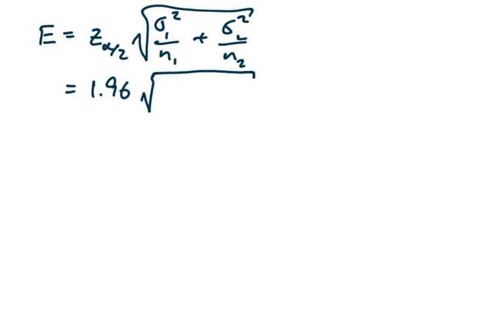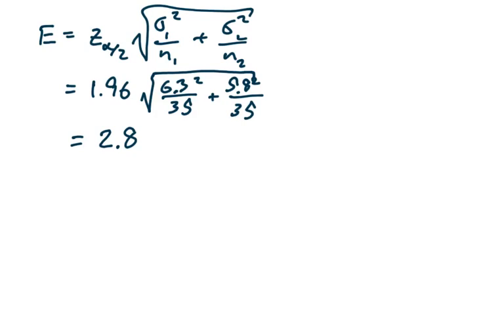We were finding the 95% confidence interval, so we're finding that 1.96 corresponding to the 95% confidence interval. And we're plugging in 6.3 squared over 35 plus 5.8 squared also over 35. So we had these two different population standard deviations. And this works out as 2.8. We round it to one decimal place. 2.8 hours. That's our margin of error.